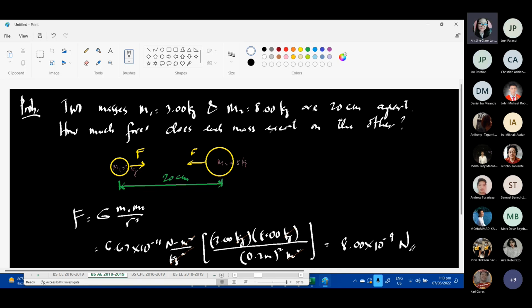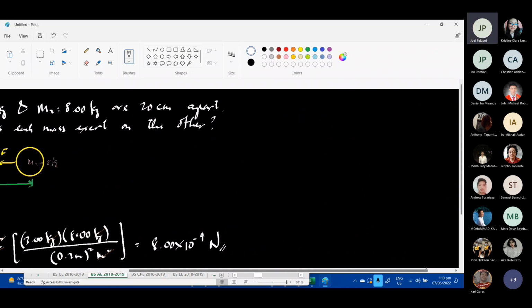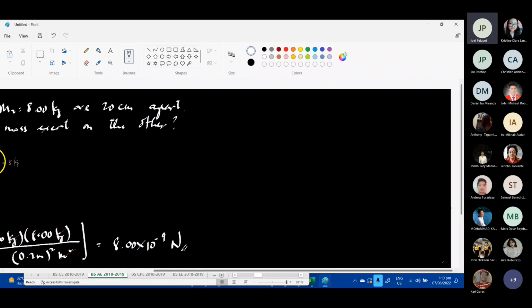Yes po, sir. Okay. So supposing I place a third mass midway between M1 and M2, which is equal to 5 kilograms, what will be the net force on that mass M3?